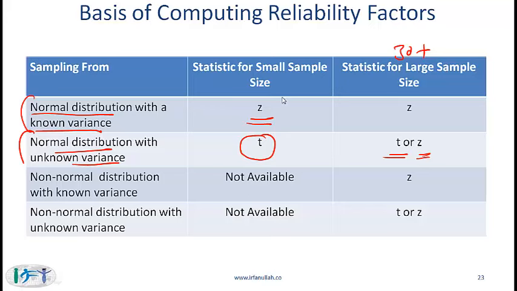You have to use a large sample size, and given that the variance is known, you should use the z statistic. For a non-normal distribution with unknown variance, again, you cannot make a statistical inference if you have a small sample size. You need to have a large sample size, and there again, the theoretically appropriate statistic is t, but the z statistic will also work.